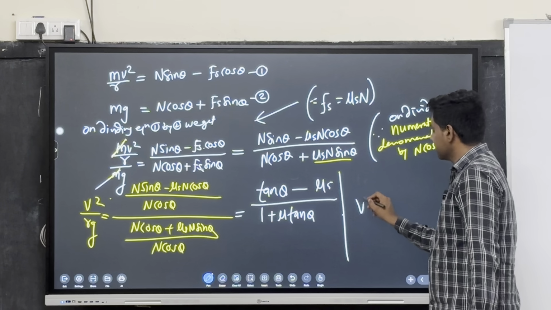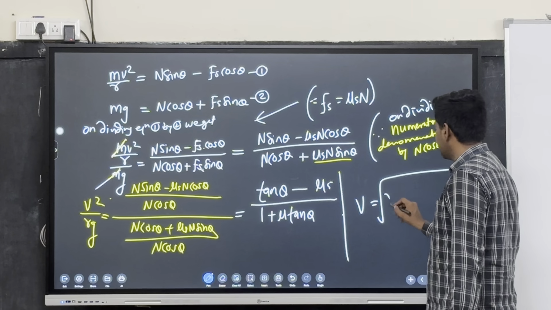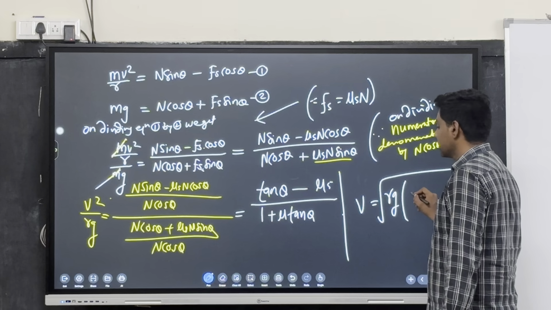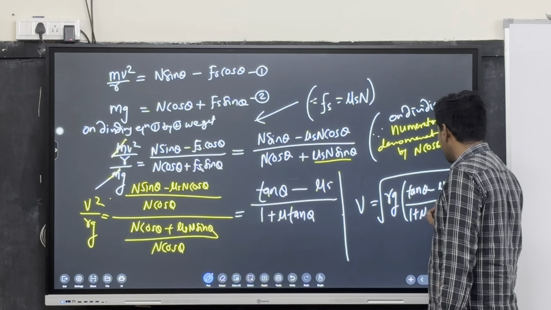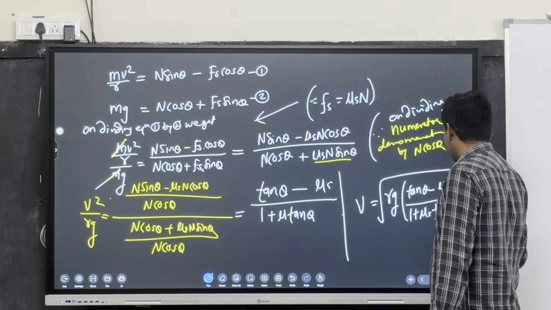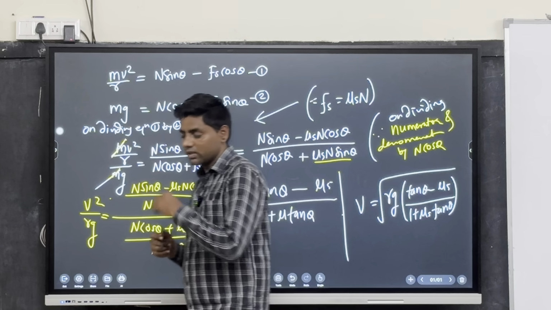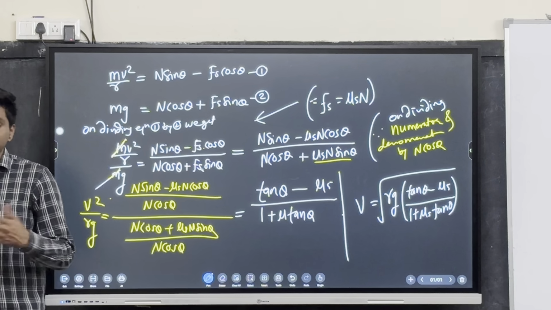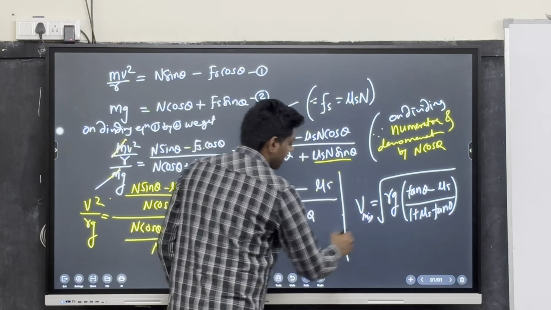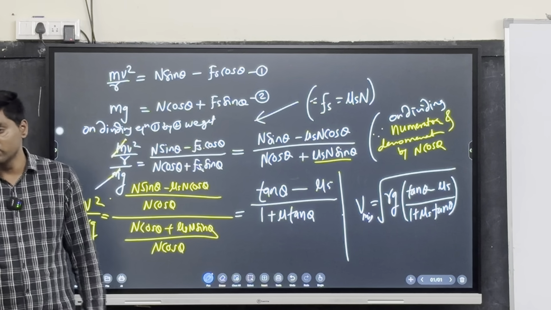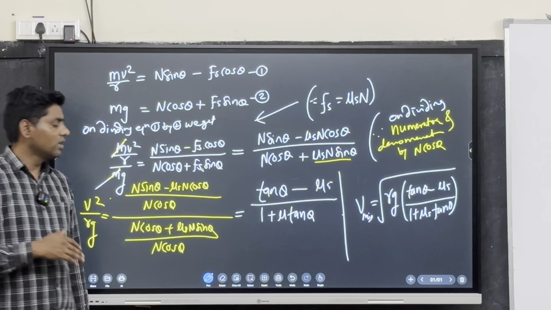So we get v equal to under root of rg times tan theta minus mu s divided by 1 plus mu s tan theta. This is the derivation, the expression of minimum safe velocity with which the vehicle takes the turn along the curved road.